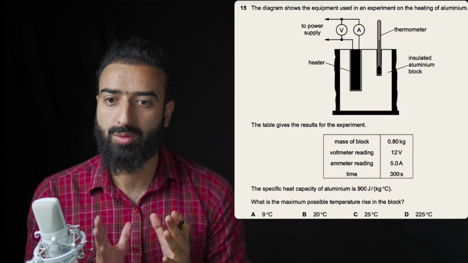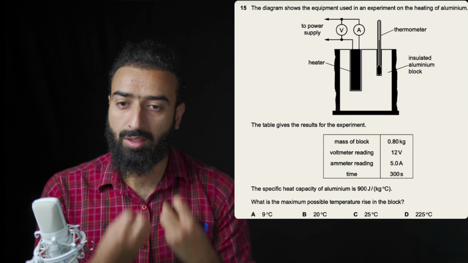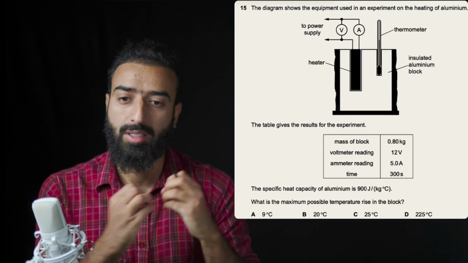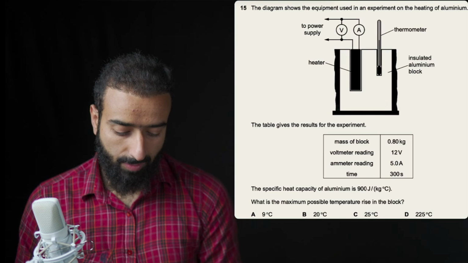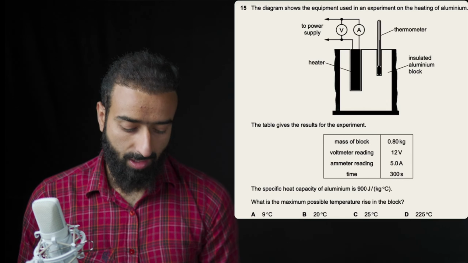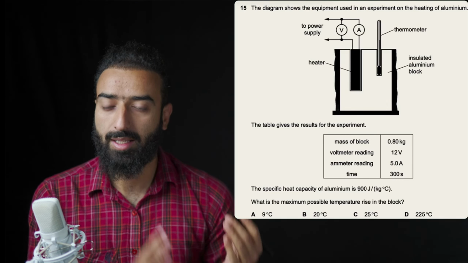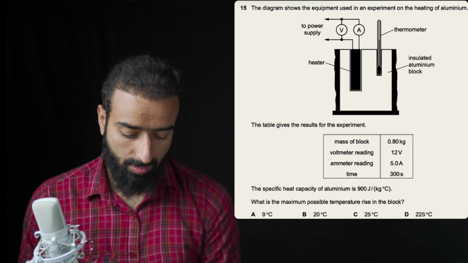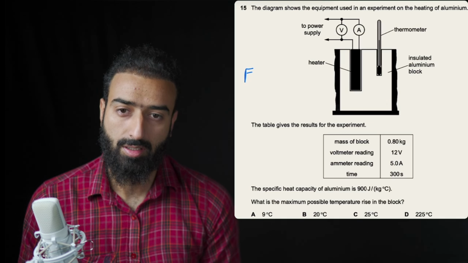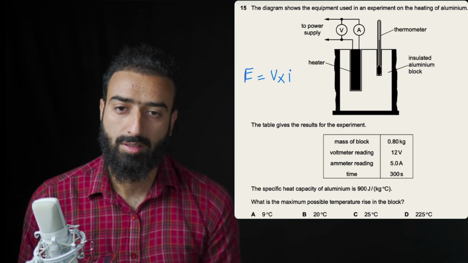What we're going to do is, first of all, find out how much electrical energy is being transferred to the block. How can we do that? Well, we have an equation that says the energy transferred by an electric circuit is equal to the potential times the current multiplied by the time.